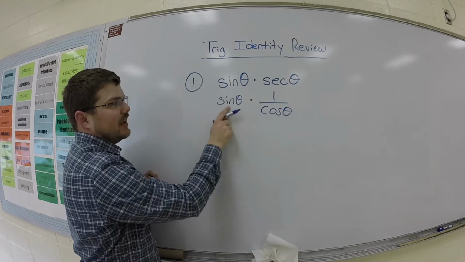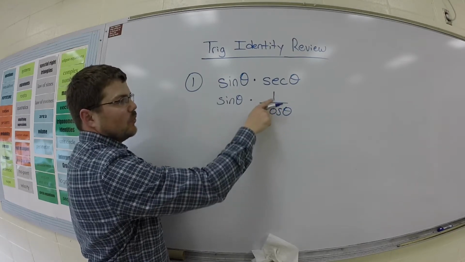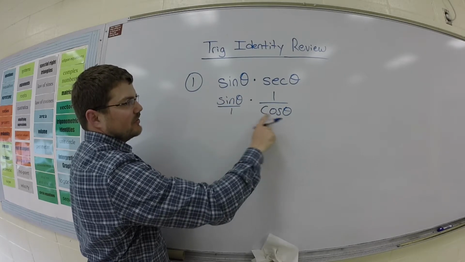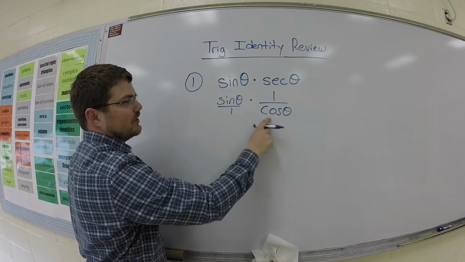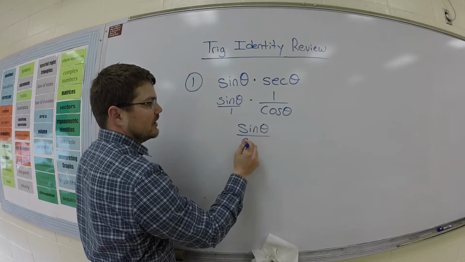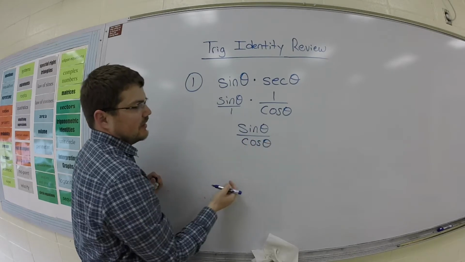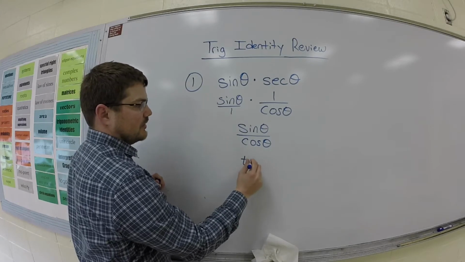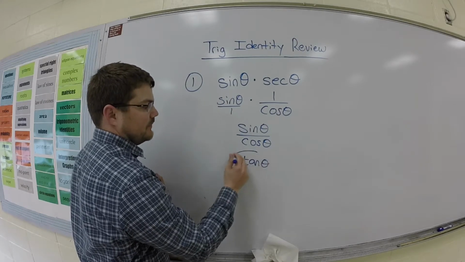Now I'm doing sine theta times 1 over cosine theta. You could put this over 1. We're multiplying straight across, sine times 1, 1 times cosine. That gives me sine theta over cosine theta, and sine theta over cosine theta equals tangent theta.